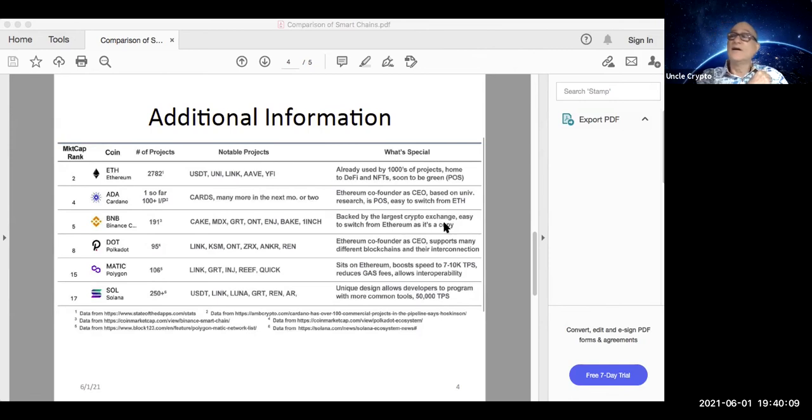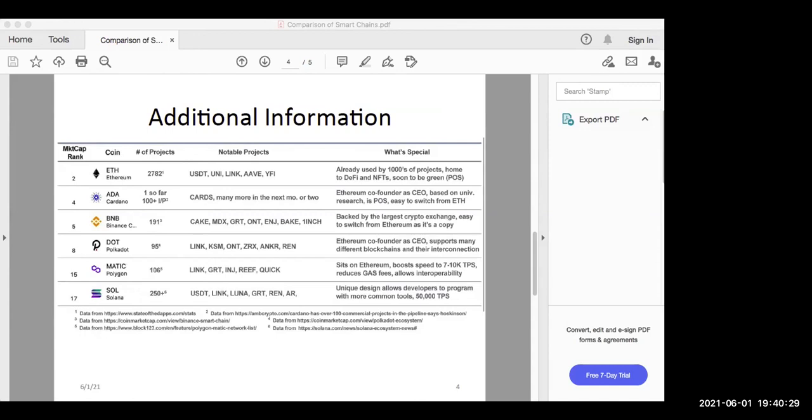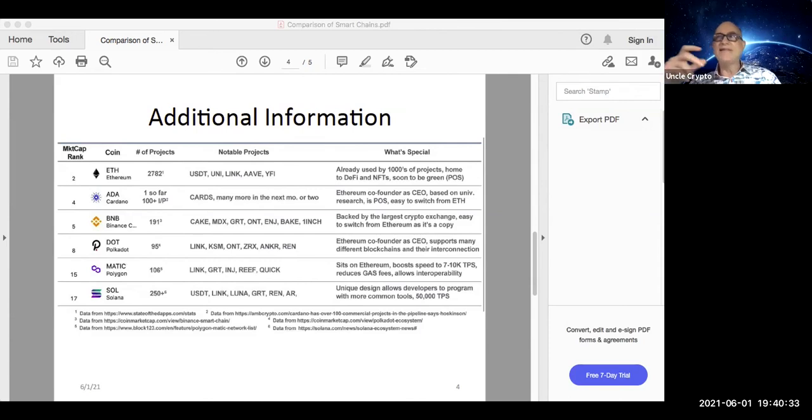And the last one, Solana. Solana came up with a really brilliant way to make processing of transactions unbelievably faster, therefore unbelievably cheaper, and making it all work wonderfully.